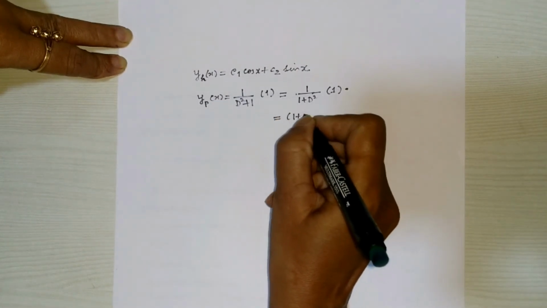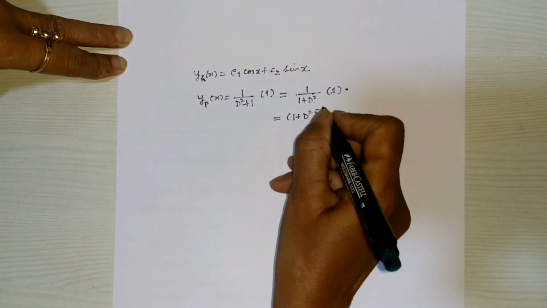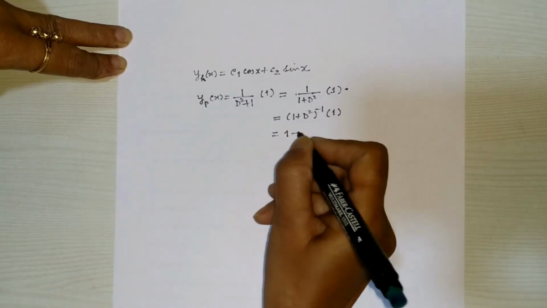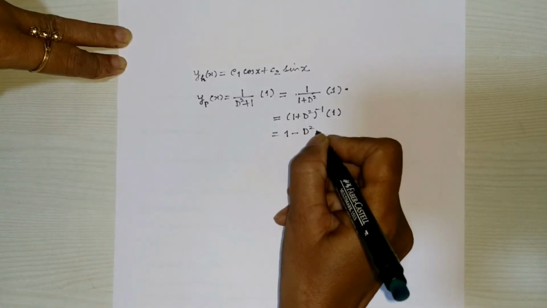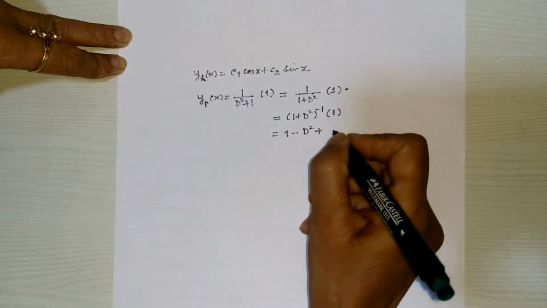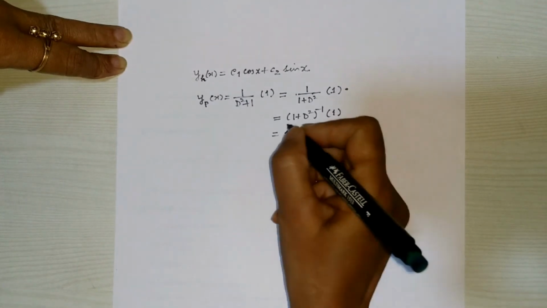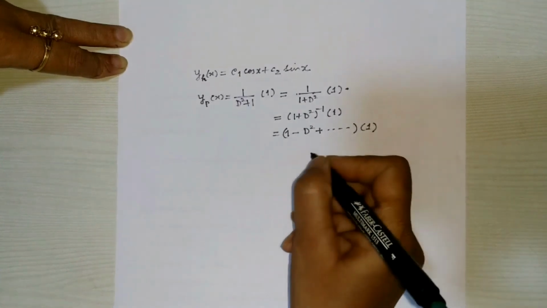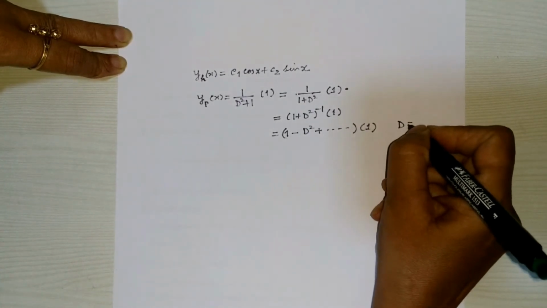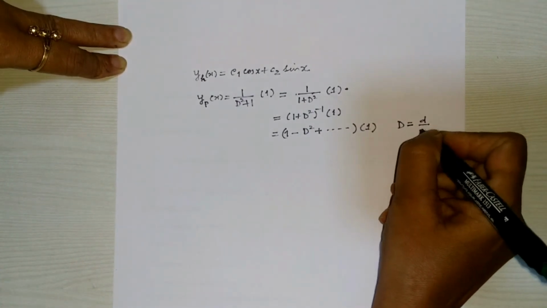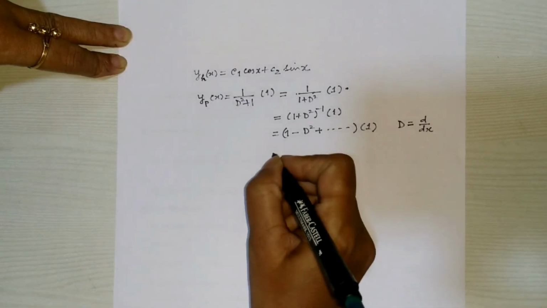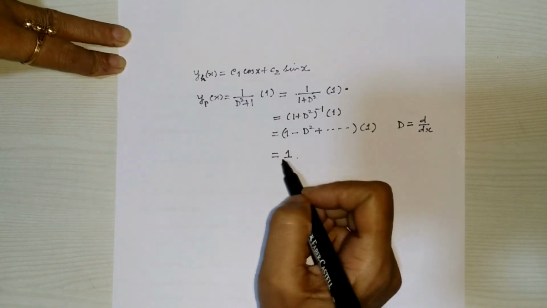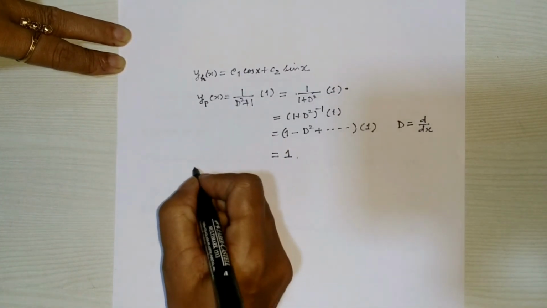This is equal to (1 plus D squared) raised to the power minus 1 of 1, which is 1 minus D squared plus higher powers of D operating on 1, where the operator D is the derivative with respect to x. So the value of this is equal to 1. So the particular integral for this equation is 1.